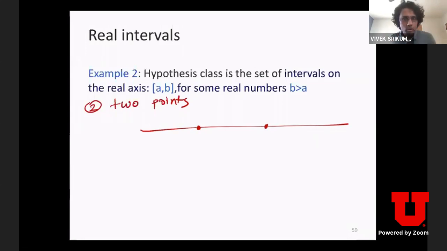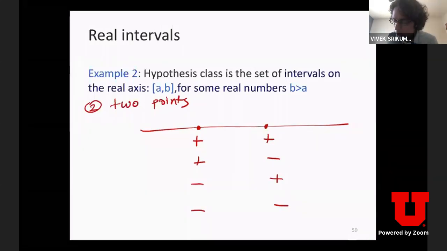Again, to check whether 2 points can or cannot be shattered, we need to consider every possible labeling. So we have plus plus, plus minus, minus plus, and minus minus. The question we are exploring is, can I find this bracketing A and B that gets all the pluses inside and all the minuses outside, in each case separately?